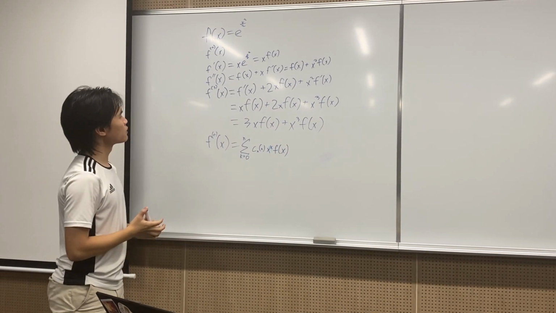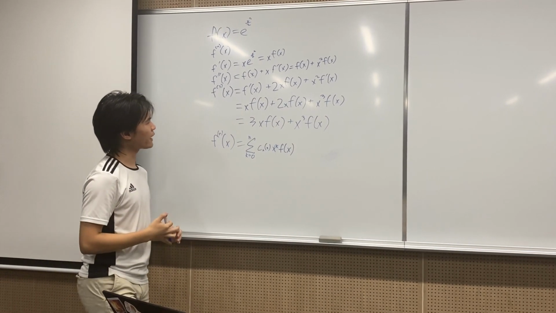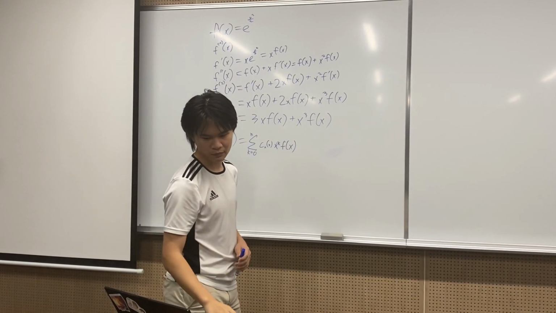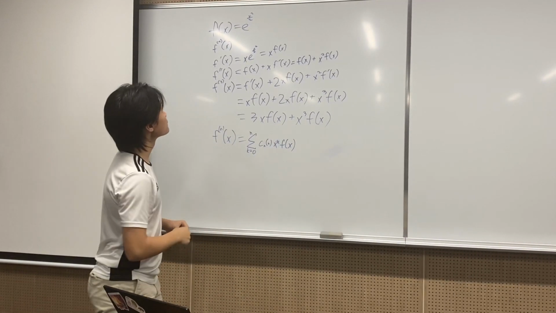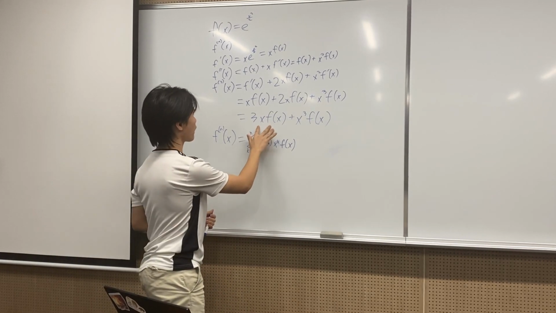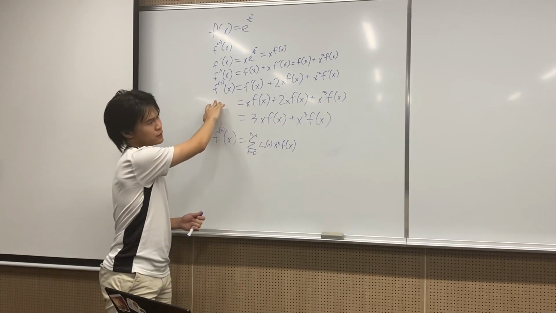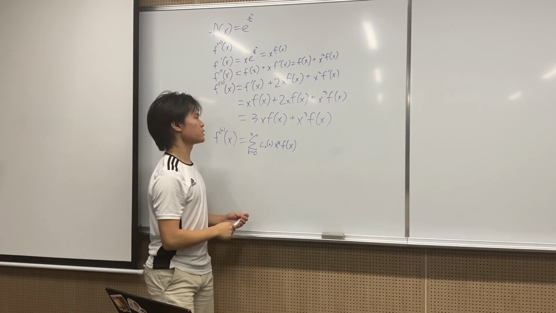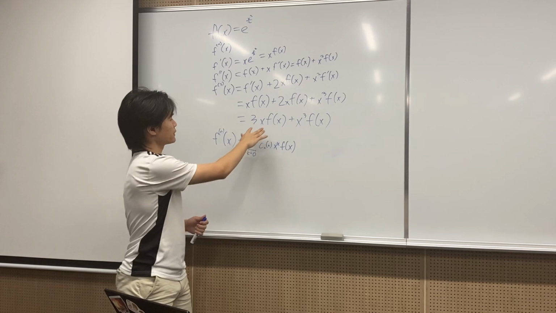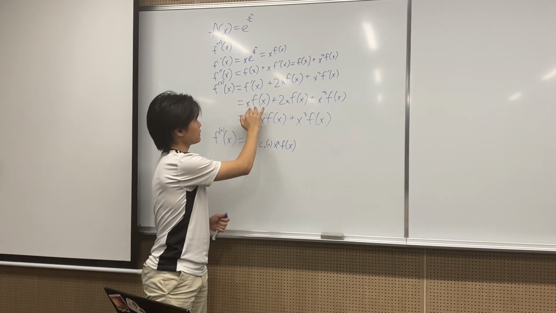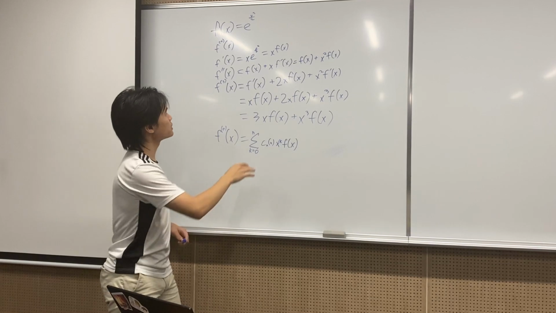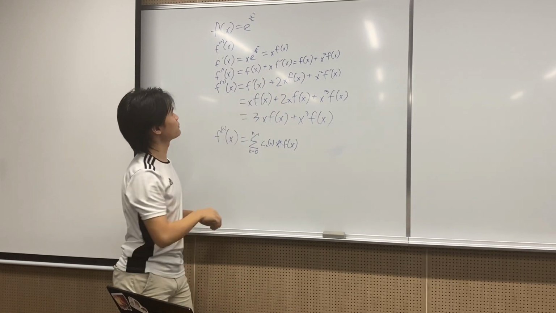But let's take a little bit of a closer look at where exactly each of these terms is coming from. It's probably easier for the highest derivative, the third derivative. So we have this 3x f of x term, and if we go back a step, that came from the x f of x and the 2x f of x, which each came from the previous derivative.